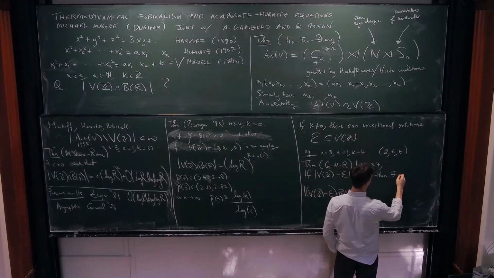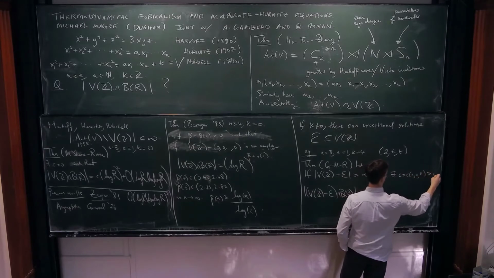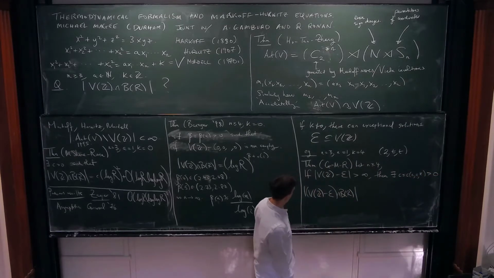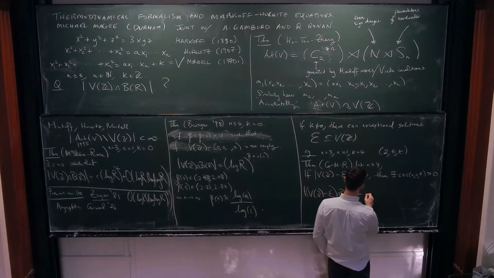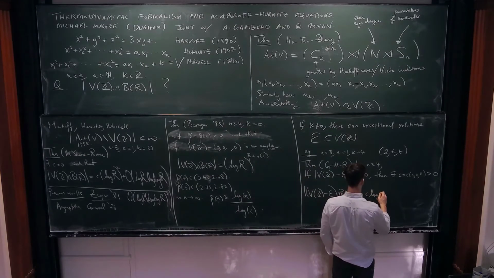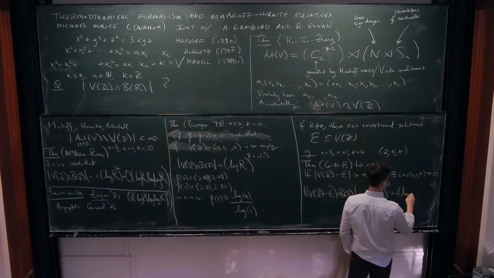There exists a constant depending on n, a, and k, bigger than 0. So the size of this intersection, removing the exceptional solutions, is constant times log r to the beta n plus small o of log r to the beta n.